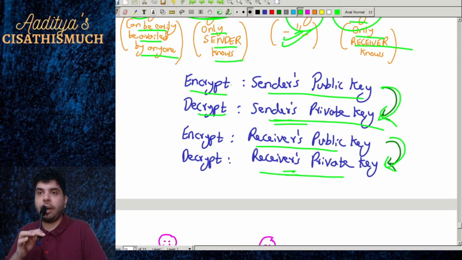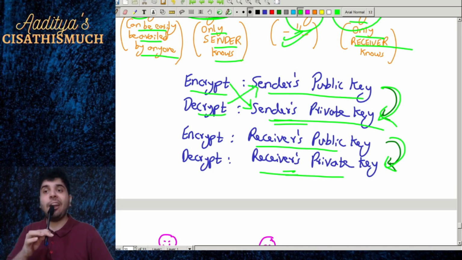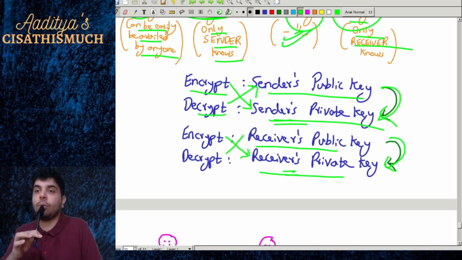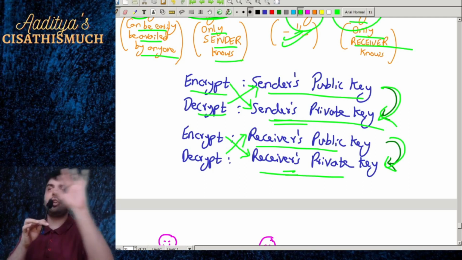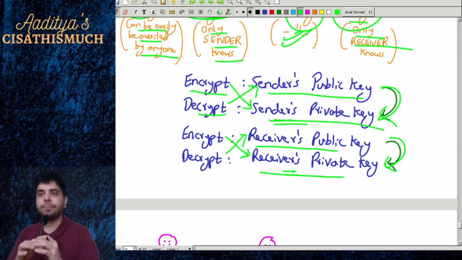You can encrypt using the sender's private key, and in that case you will have to decrypt using the sender's public key. You can encrypt using the receiver's private key, and in that case you will have to decrypt using the receiver's public key. So there are different permutations and combinations. All right, let's proceed with our discussion.